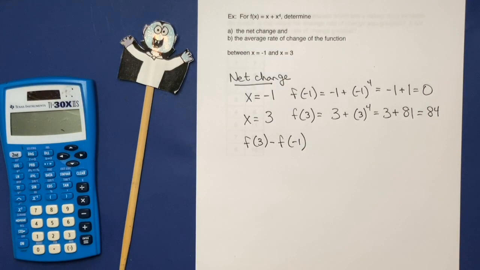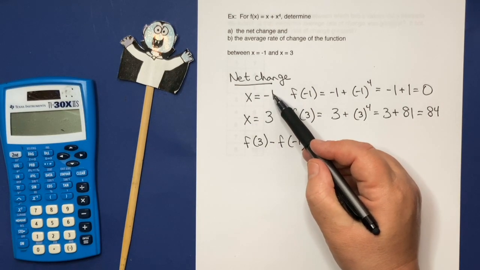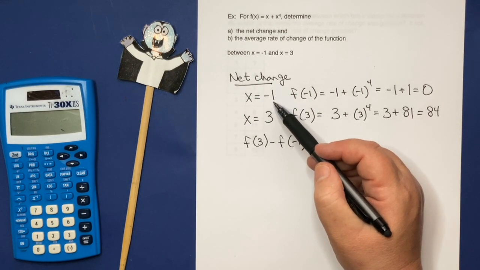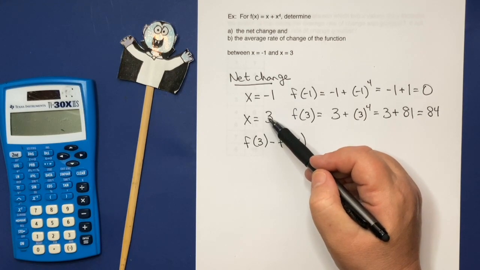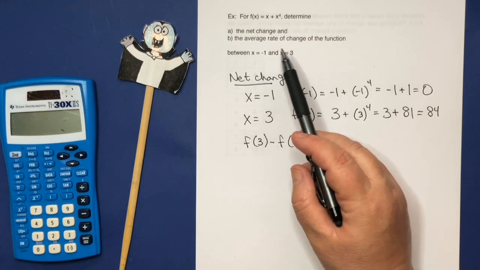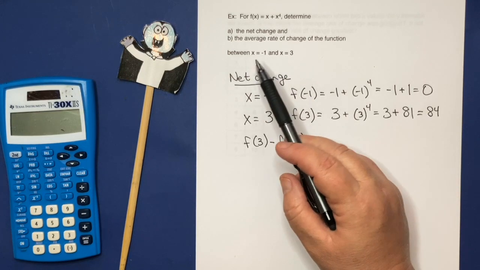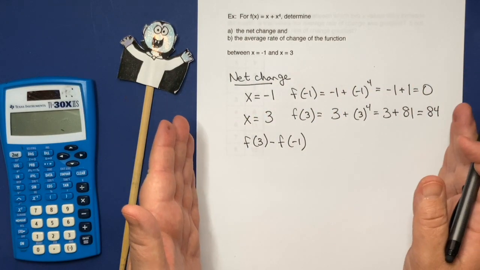And immediately I can hear everyone saying, how do we know which one goes first? How do we know? And generally what I'm looking at is that x equals -1 comes first on a number line. It's the smaller number. And then we go to x equals 3. The other indication is it says between x equals -1 and x equals 3. So I'm going to read the graph from left to right.